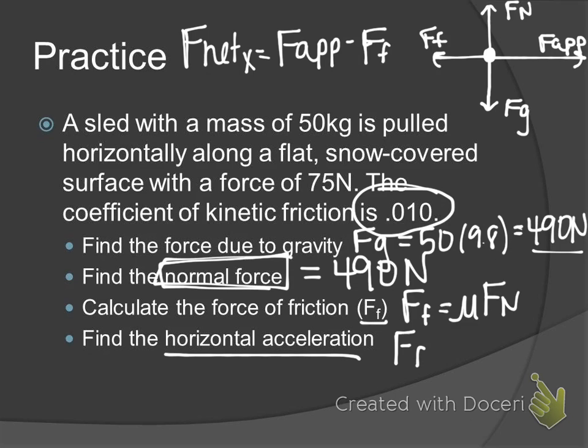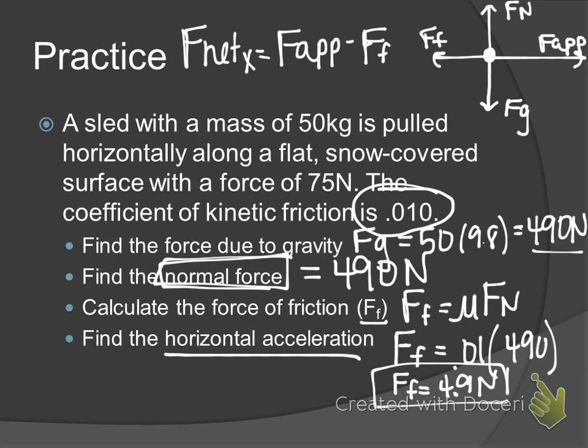So we'll take force of friction equals 0.01 times our normal force, which is 490. Which means our frictional force is small, 4.9 newtons. Okay, so now we can go back and start plugging things into our net force equation.